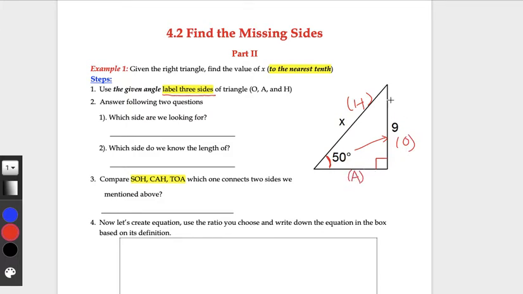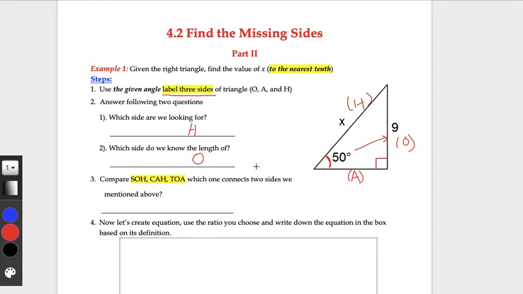So once we have all three sides labeled, two questions will help us set up the equation. The very first one is which side are we looking for, which in this case is the hypotenuse. And which side do we know the length of? We know the opposite side is 9.